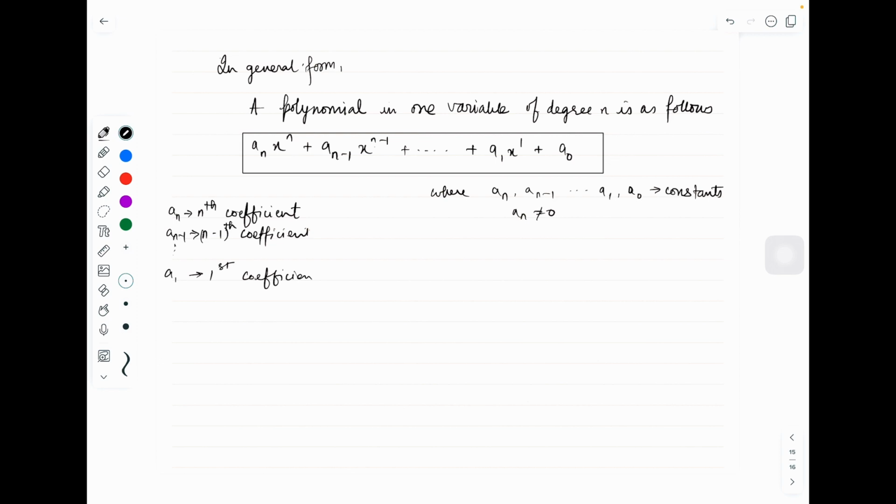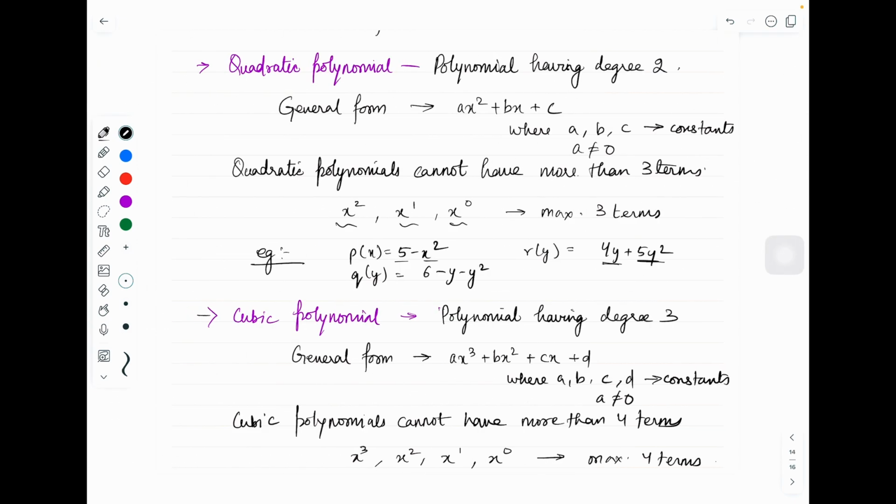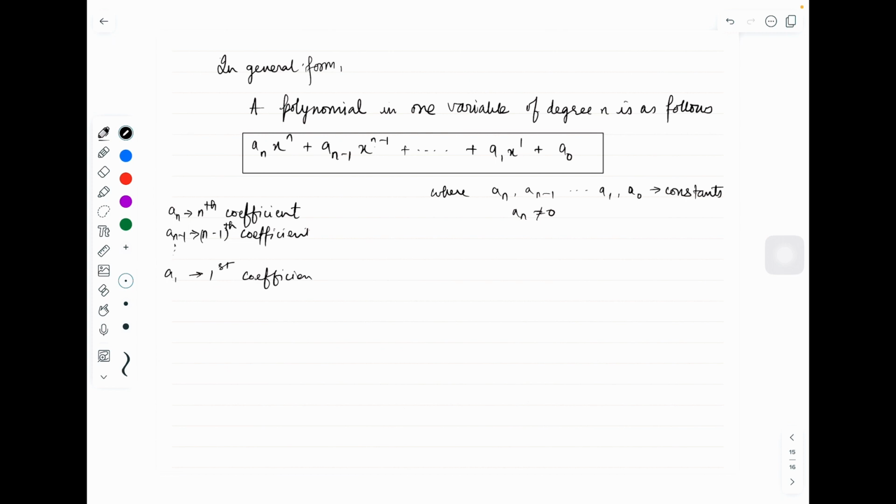Okay, an x to the power n. See here what we are doing. This can be written for a cubic in general form. A cubic one can be written as what? a3 x to the power 3, a2 x to the power 2, a1 x to the power 1 plus a0. This is the general form. I was writing a, b, c, d, but after 26 there will be no more letters.